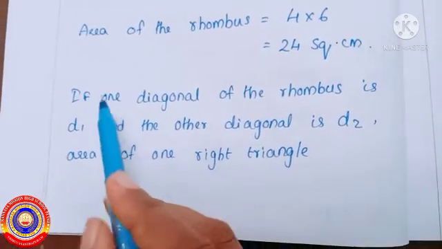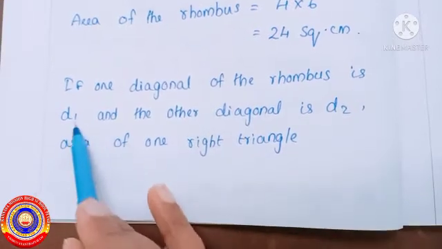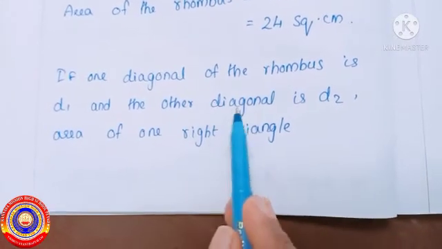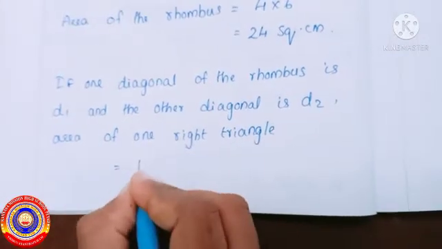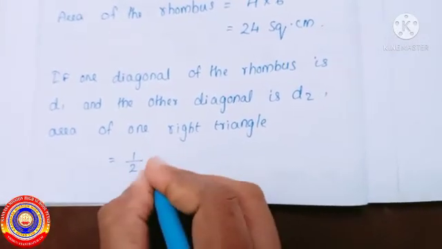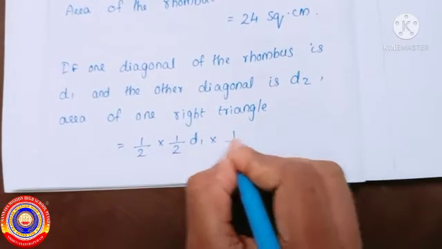Suppose one diagonal of the rhombus is D1 and the other diagonal is D2. Then the area of one right triangle is equal to 1 by 2 into 1 by 2 D1 into 1 by 2 D2.